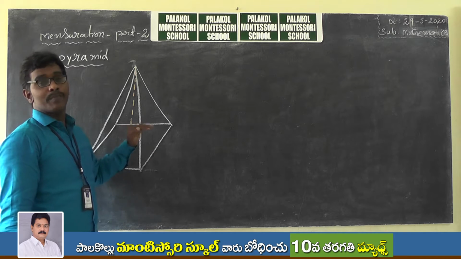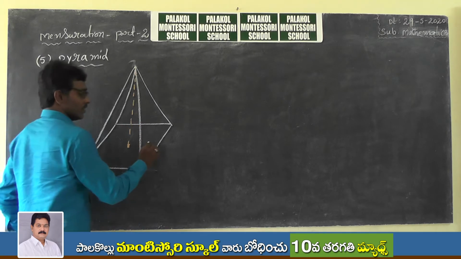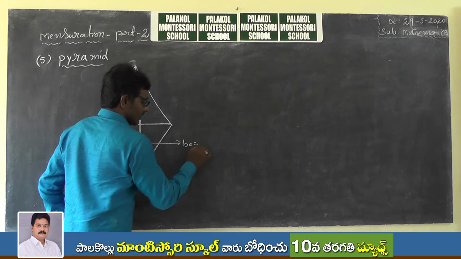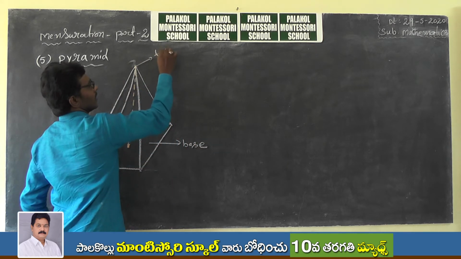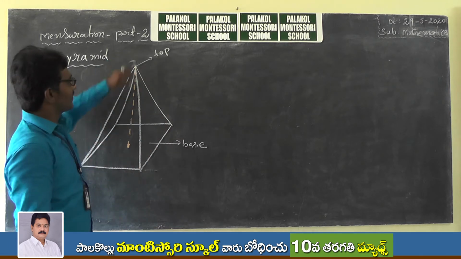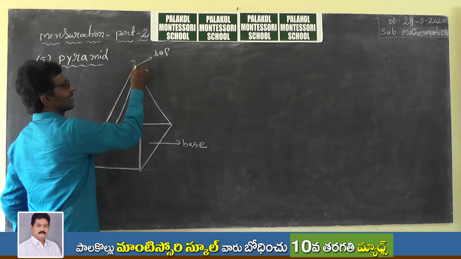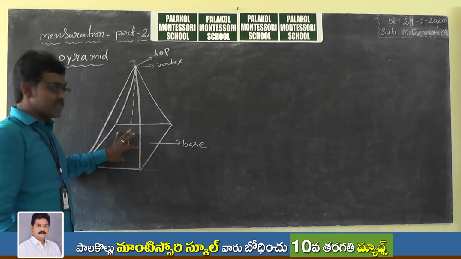It is not a prism. Why is it not a prism? Just observe the base face and the top face. These two are not the same, not parallel. The top face is formed by one dot, a vertex, while the other is the base face.